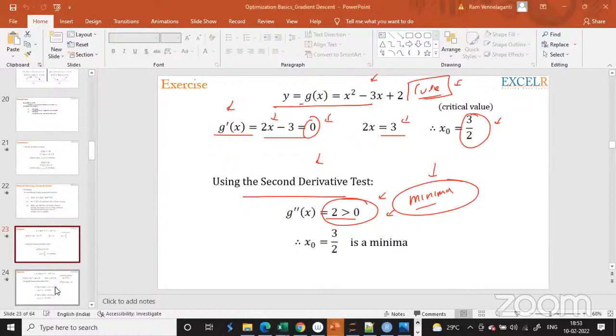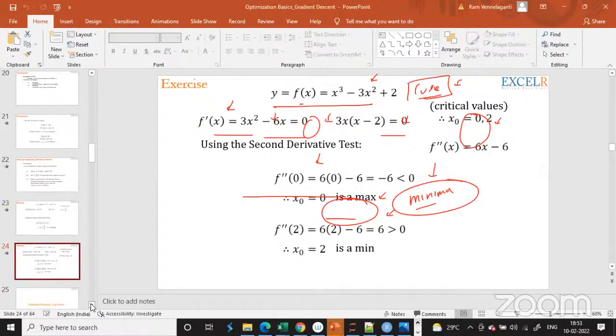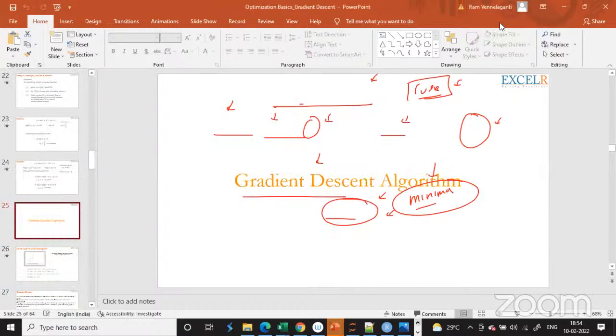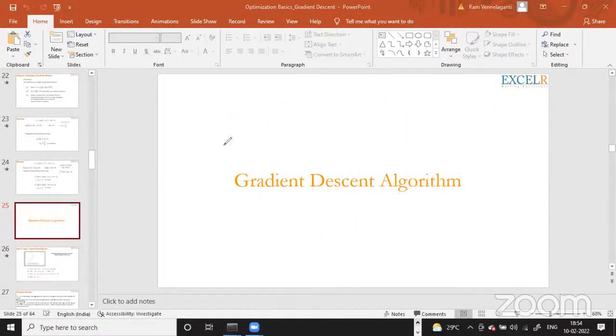So all these examples you can solve and you can understand the concept. You can take a look at your 12th class mathematics textbook, where you are going to have a lot of examples for maxima and minima concepts. Why are these concepts important for us?